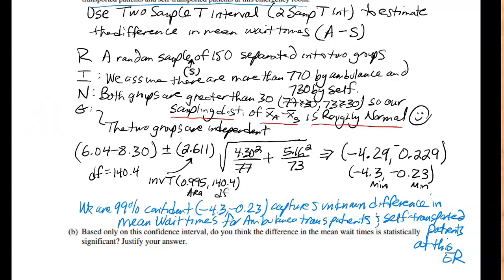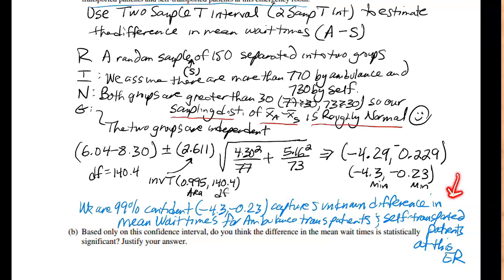Areas that students would miss. Sometimes students might not get this formula. They might miss the t star. They might not remember to check conditions at all. That would be missing a point. Not using plural. In this case, you wouldn't have to, but oftentimes with two sample tests, you have plural samples would be required. Maybe students mix up the independent and the normal condition.